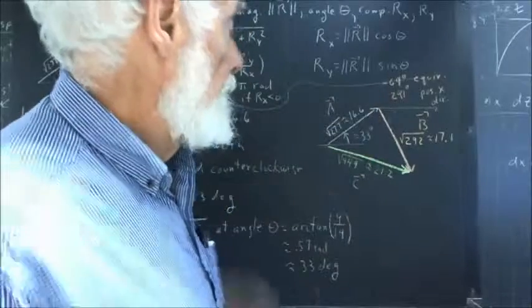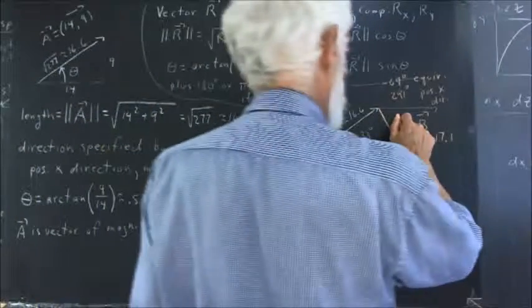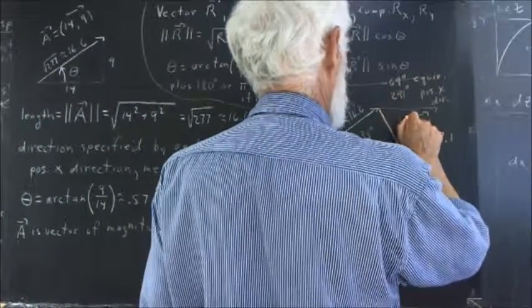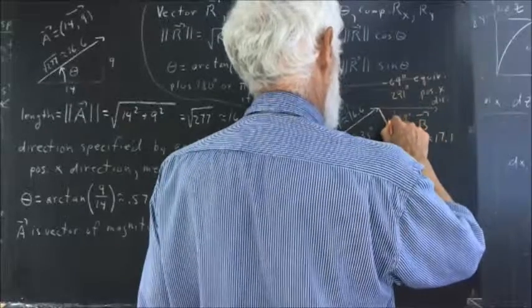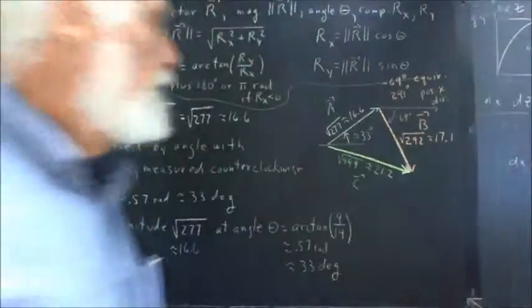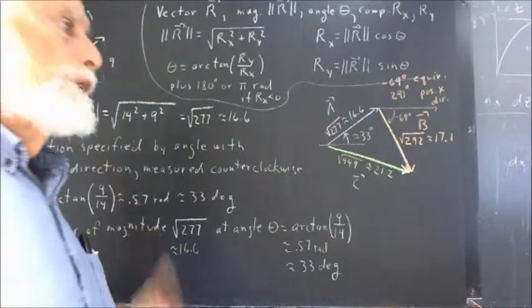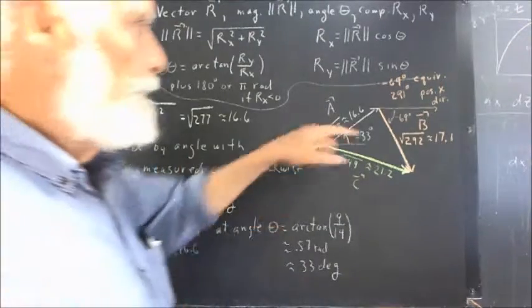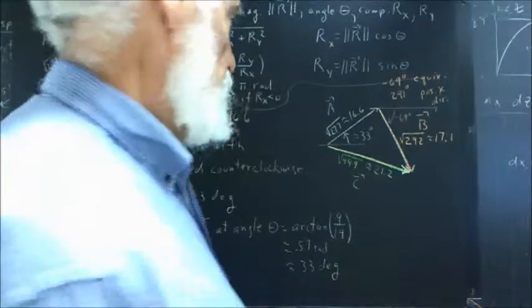So we could do negative 69 degrees here. I'm going to write that in lightly. But that's not the angle we really want to use. We want to keep our angles between 0 and 360 degrees.